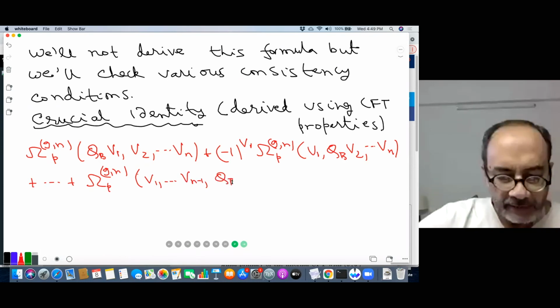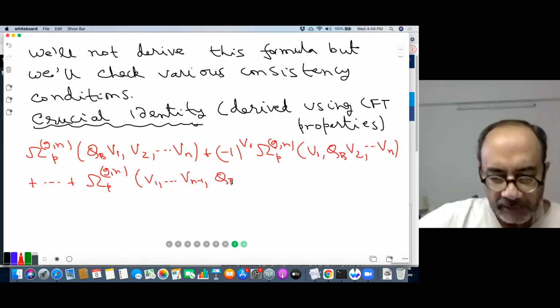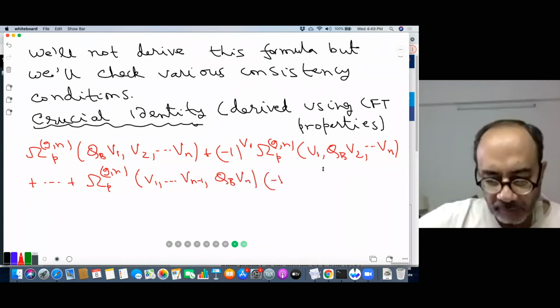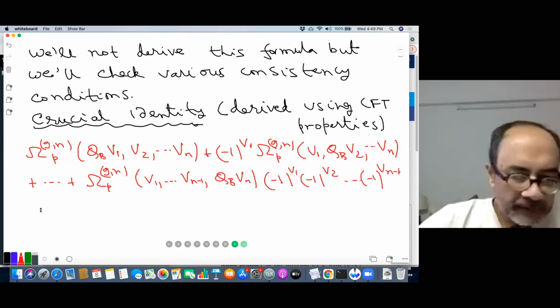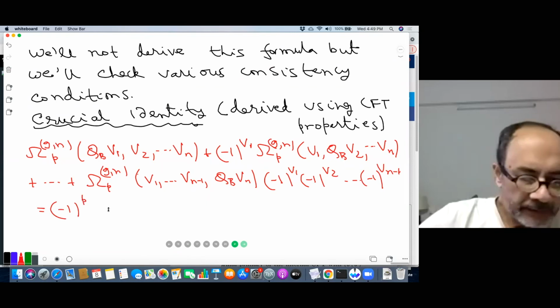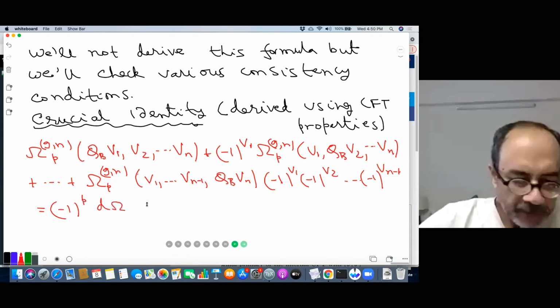And this has to be multiplied by (-1)^{V1}, (-1)^{V2}, up to (-1)^{V_{n-1}}. Because QB is Grassmann odd, as it goes past each, it picks up this (-1)^V factor. So this is given by (-1)^P d omega_P.